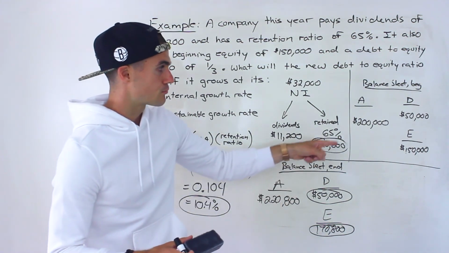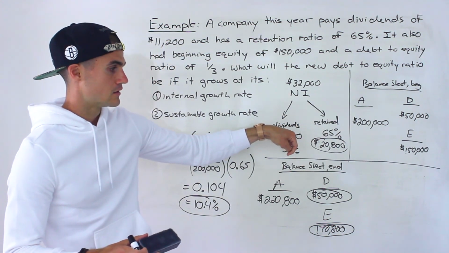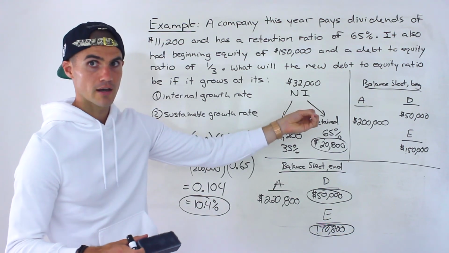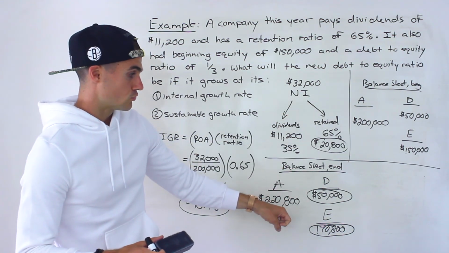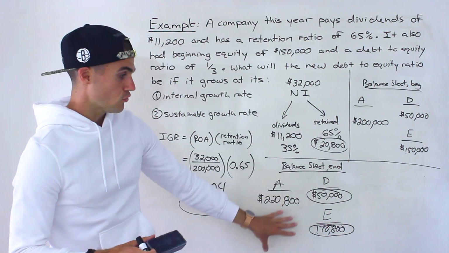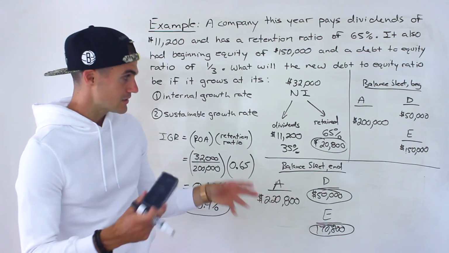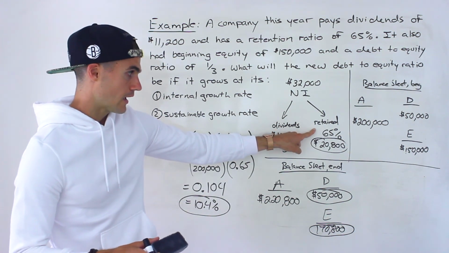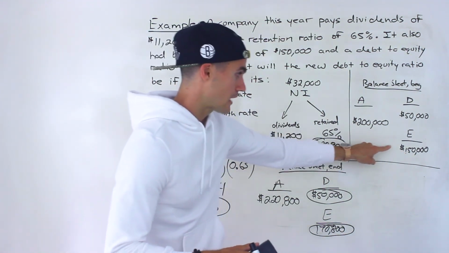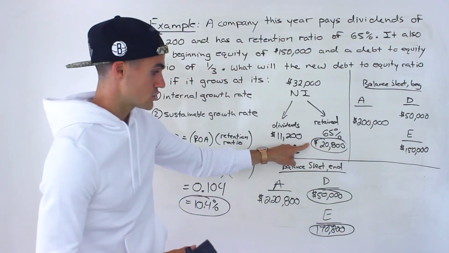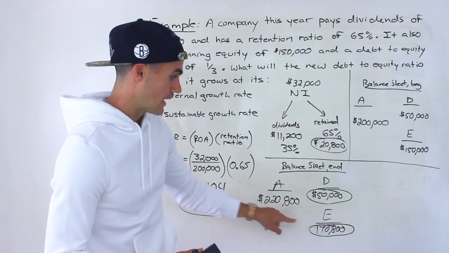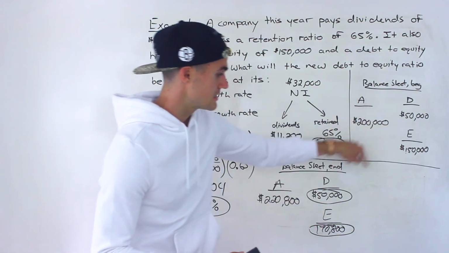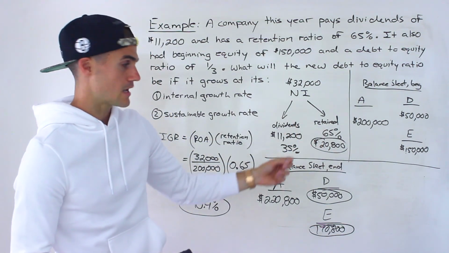And you can't produce debt internally, quote unquote, right? You'd always have to go issue debt externally. So the only growth that can happen is internally, and that comes from the retained earnings. And so adding the beginning equity and the addition to retained earnings, we get the ending equity, and then the difference between this is 50,000, which makes sense. The debt should be staying the same.